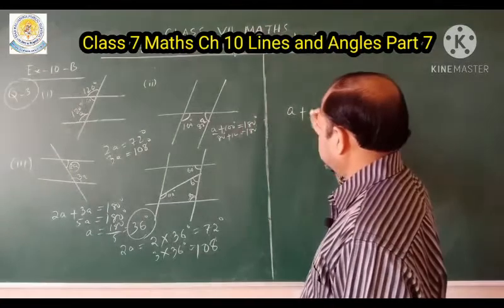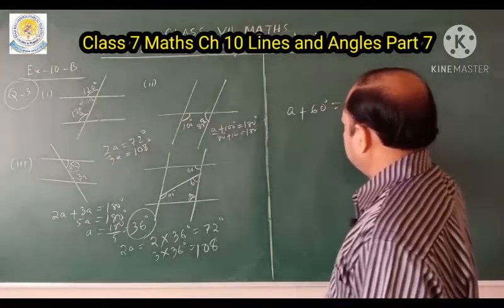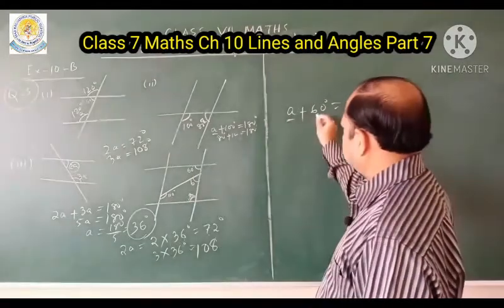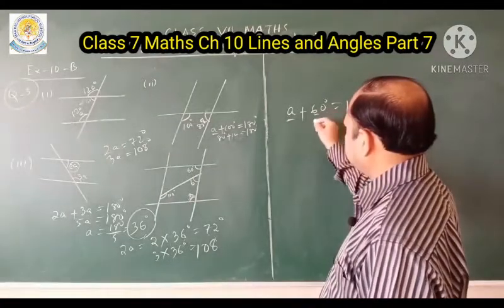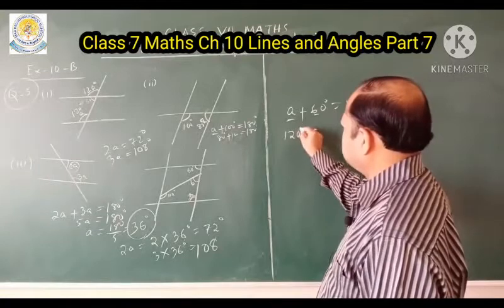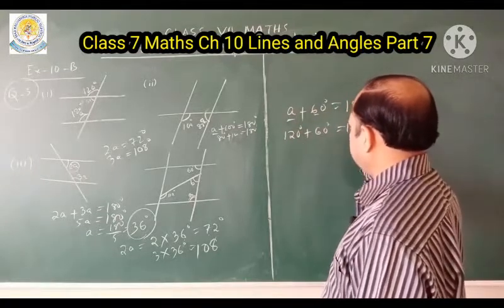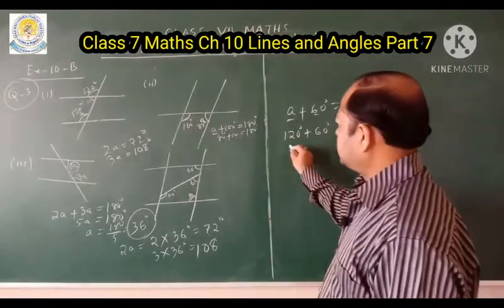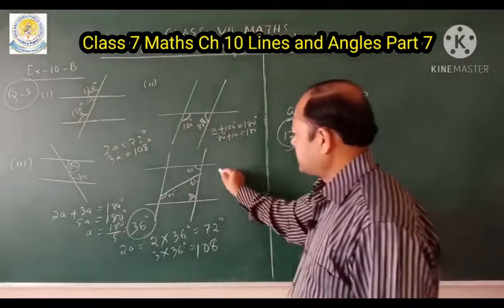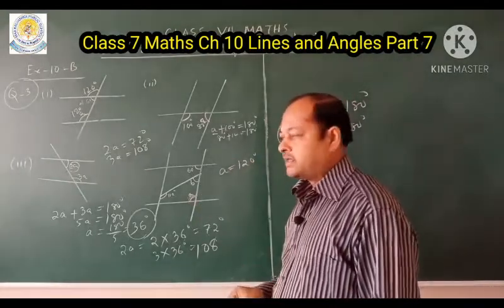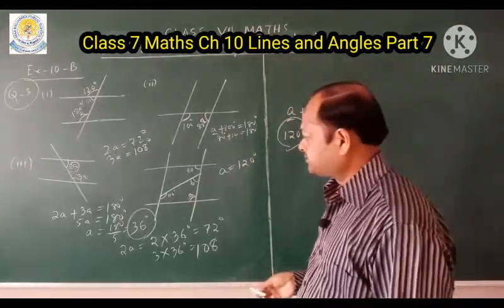Then what is a? 180 minus 60, that is how much? 120. So if a is 120, then 120 plus 60 will be 180 degree. So a value we got is 120 degree. The reason is co-interior angles.